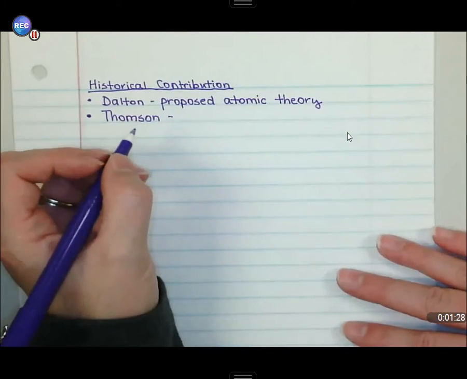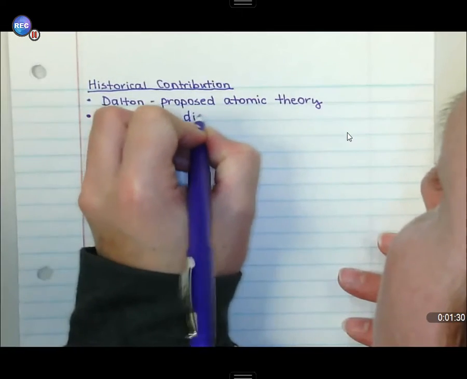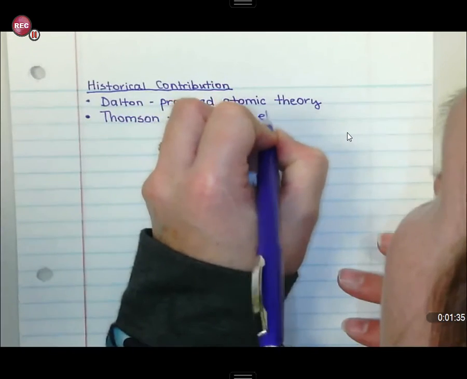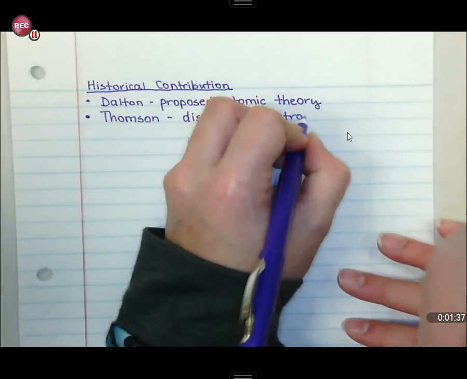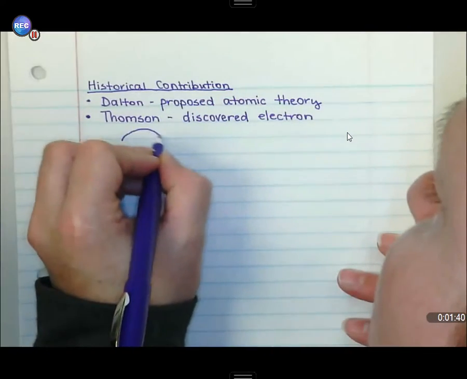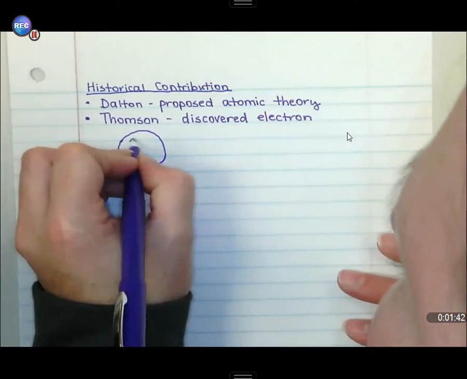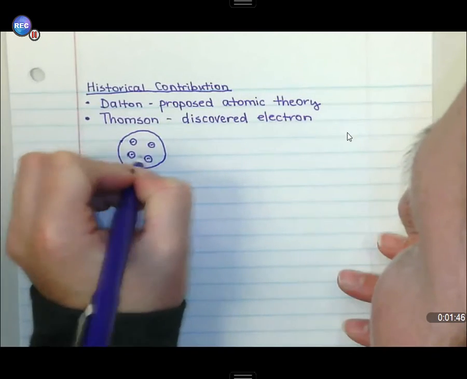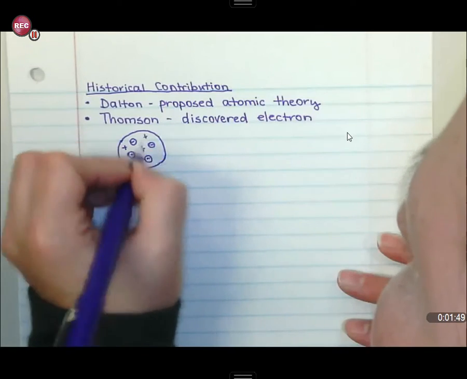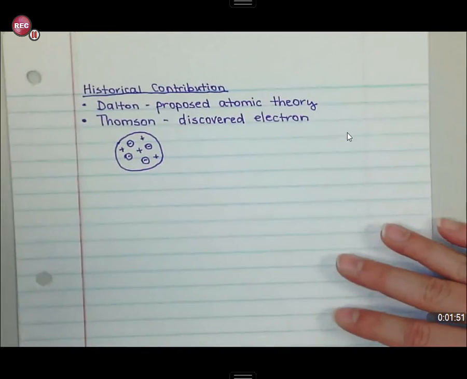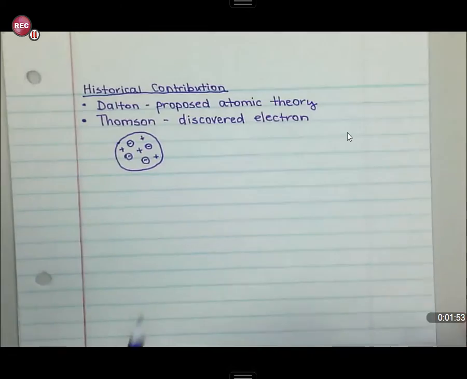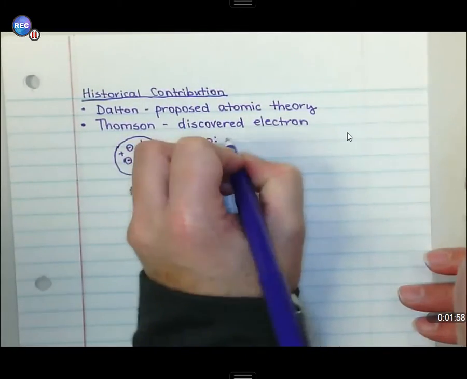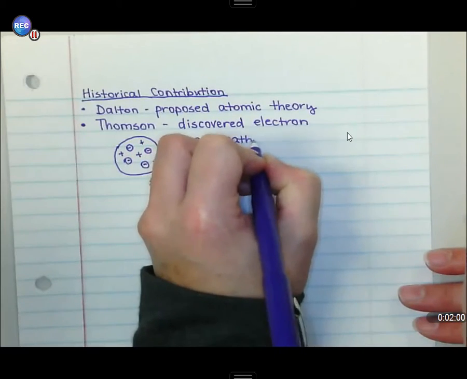He is going to be the guy who discovered the electron. He had what we called the chocolate chip model, or the plum pudding model, where the cookie itself was positive, but then the little chocolate chips inside were negative. And the way that he did this was with his experiment with the cathode ray tube.